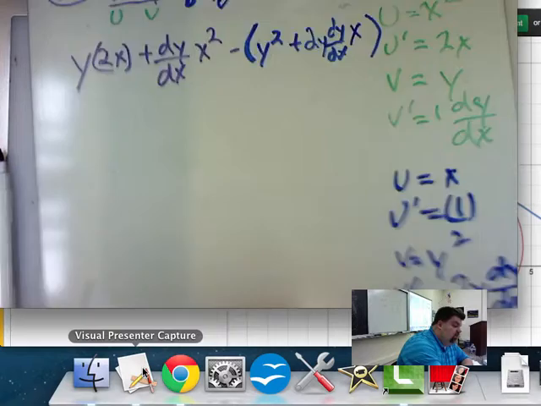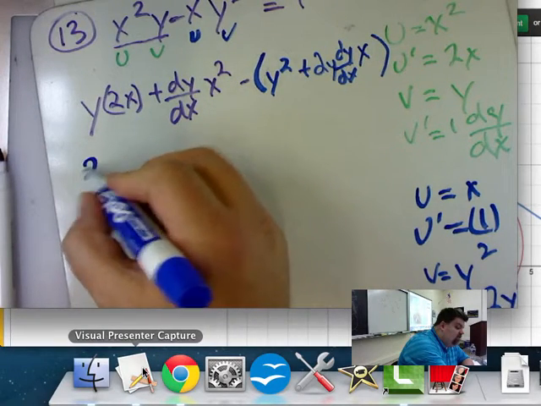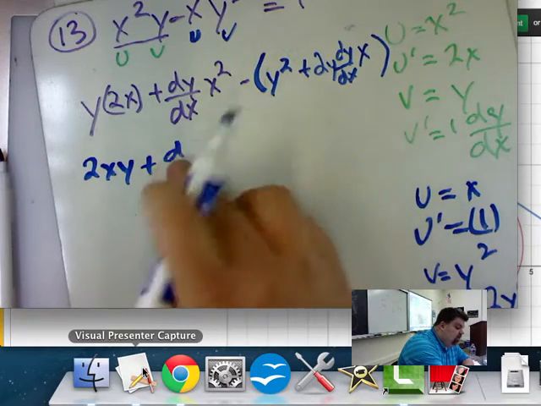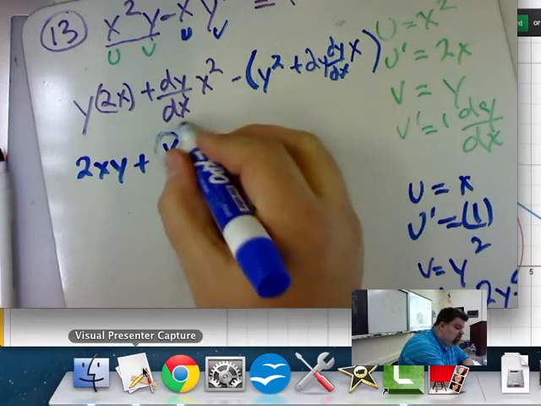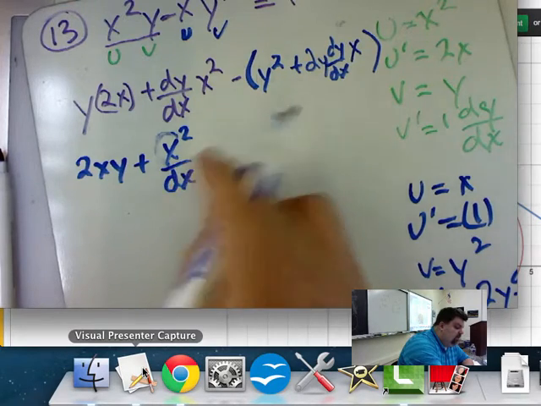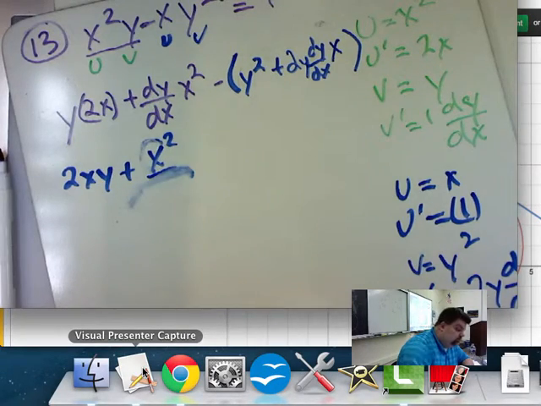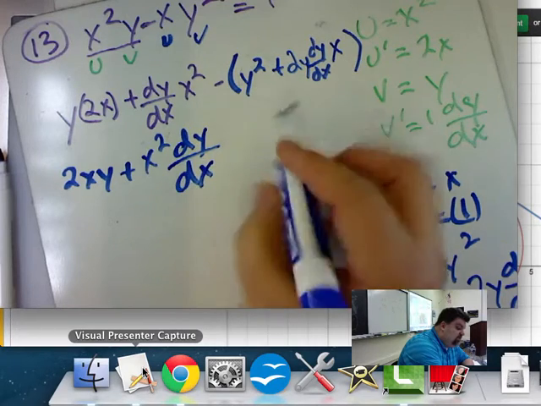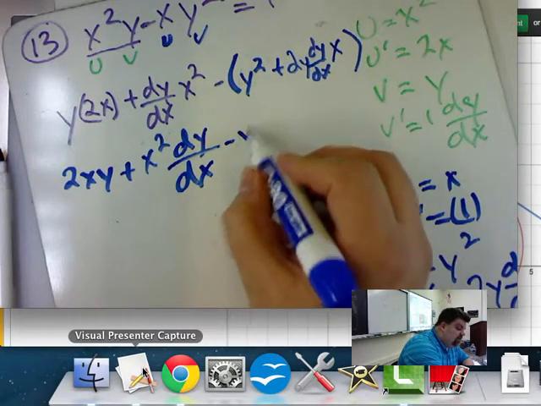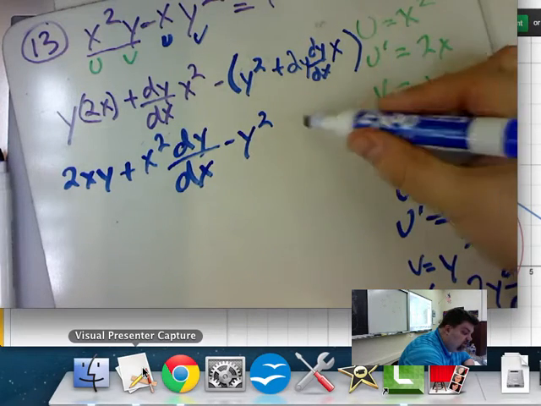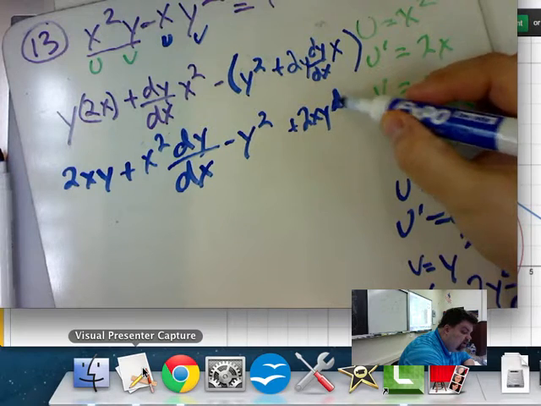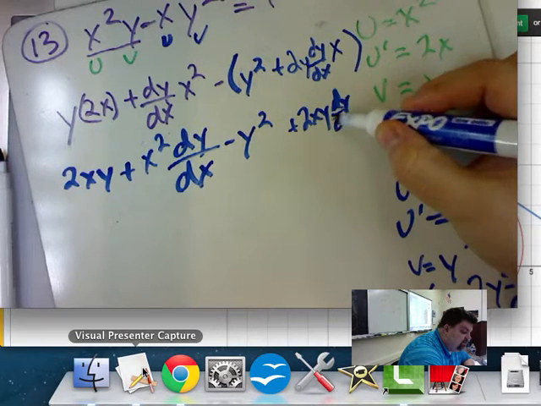X. So now if I clean this up a little bit, I've got 2xy plus x squared dy dx. And then I've got to distribute this negative sign through. So I've got negative y squared plus 2xy dy dx.